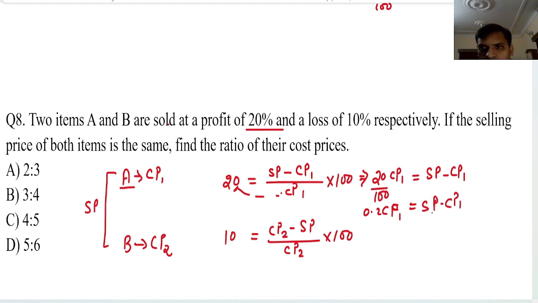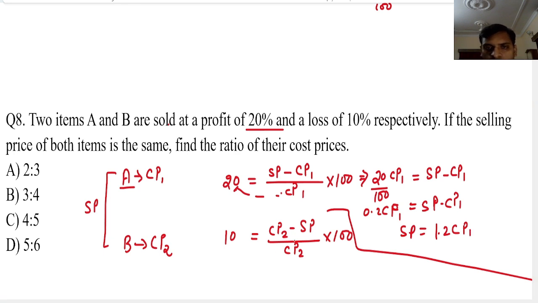On solving, this is 0.2 of CP1 equals SP minus CP1. So SP equals 1.2 CP1.